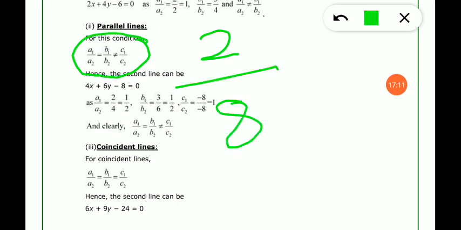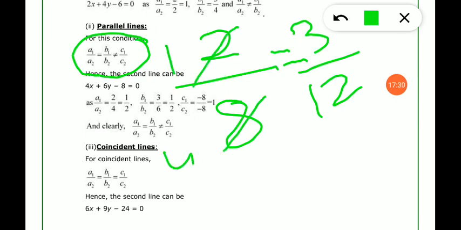Then we know our B1 is 3. So how many times do we multiply 2 to get 8? 4 times. So B2 will also become 12, 3 multiplied by 4. So when we cancel, we get 1 by 4, and this is also 1 by 4. Both become equal.